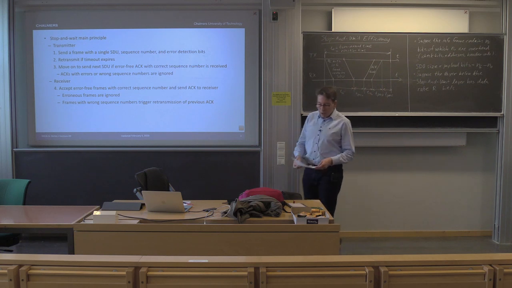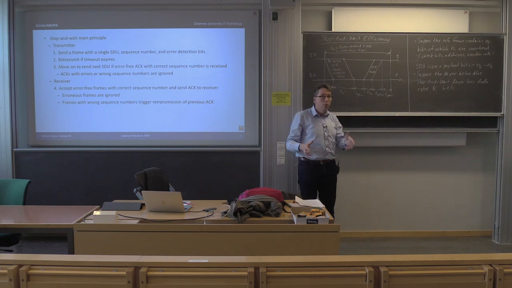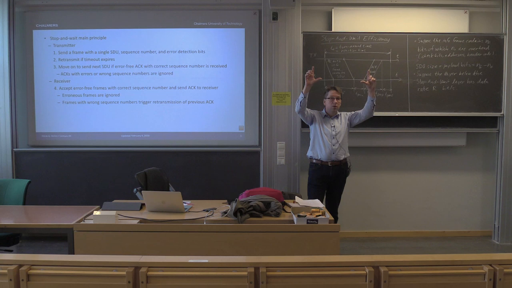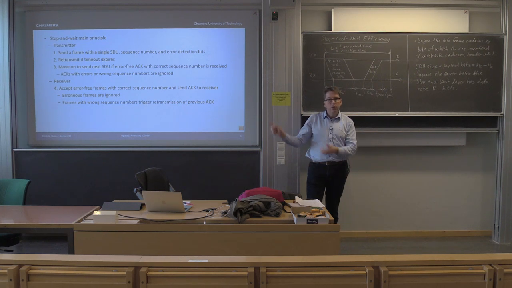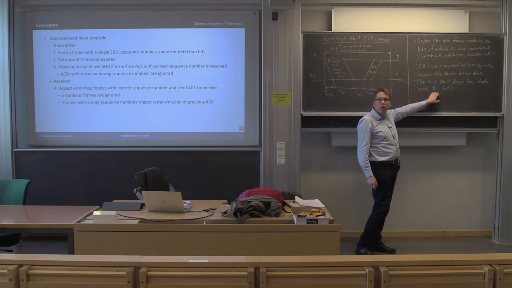So remember now we're working with protocol layers. If we are the layer that implements this stop and wait, we get data from above and then we send it down. We assemble the protocol data unit, the information frame, which encapsulates the service data unit that we get from above, and then we have headers and whatnot, and then we push it down to the layer below, which is actually responsible for transmitting this. Now, suppose the layer below has a data rate of r bits per second, okay?